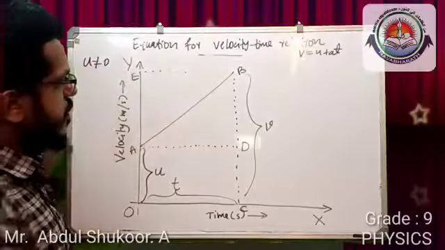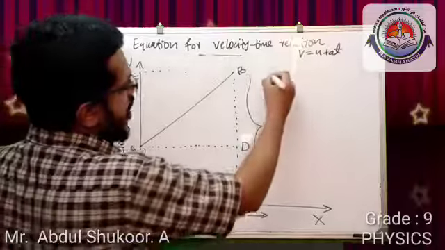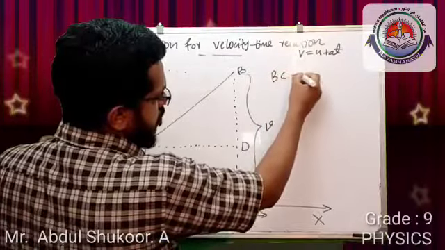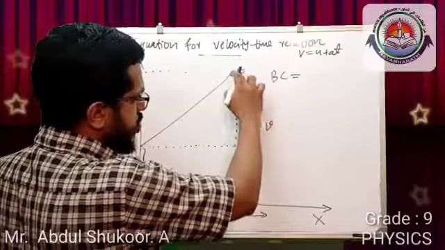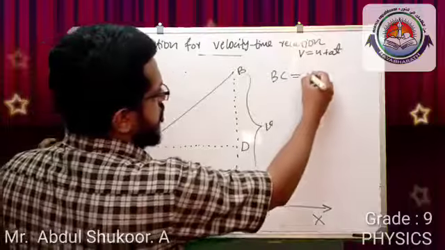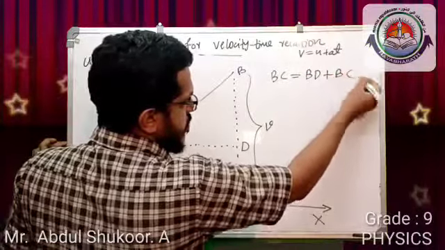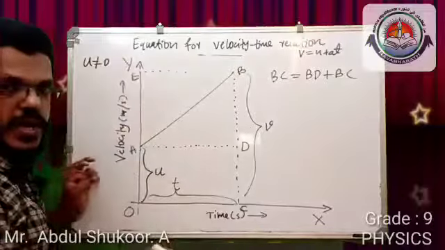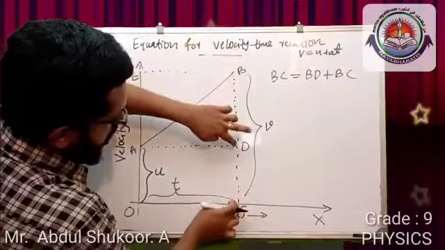Then we can represent this line BC. BC is equal to BD plus DC.